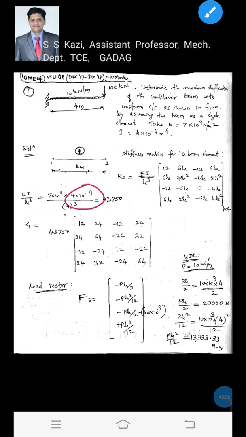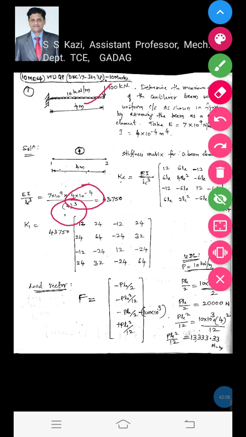The length of the element is 4 meters, that is 4 cube. Then you will get this ratio, 43,750.